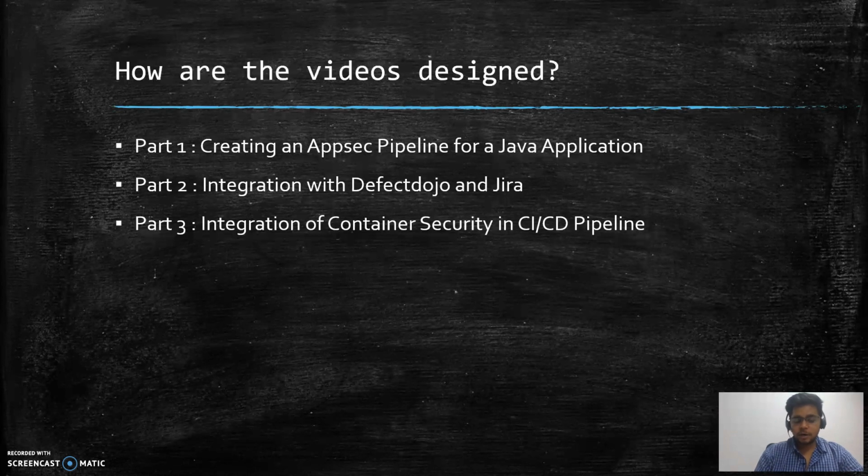This part will include integration of many security features as well. The second part will be released maybe next week, or whenever I get the time. The third part will mainly be about container security and how we can integrate container security in a CI/CD pipeline. So this is the whole plan I have thought of for this video series.